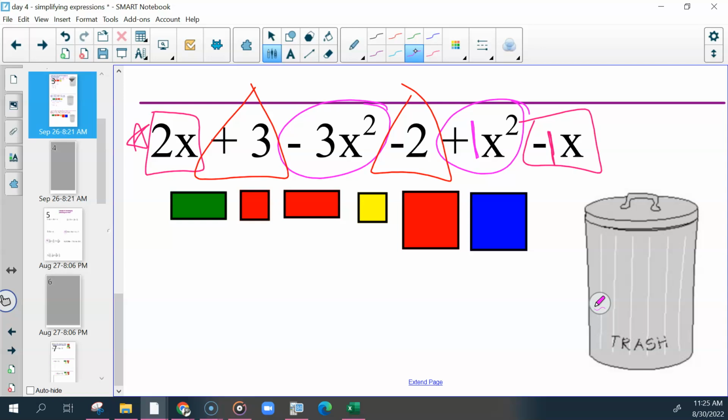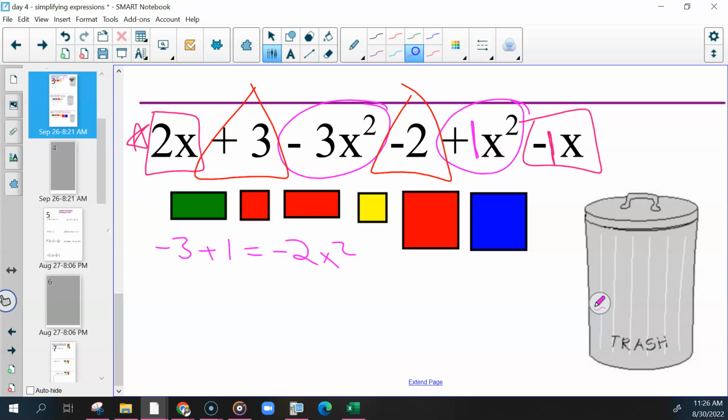For these two? Negative 3 plus 1. Iman? Negative 2x squared. So I'm going to write it. Negative 3 plus 1. And then add the x squared.